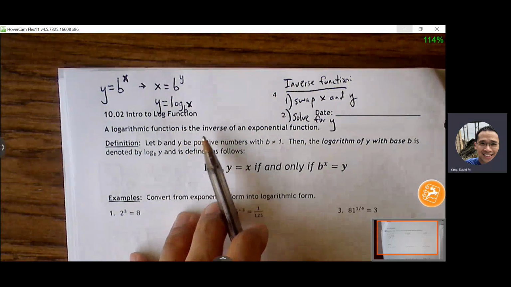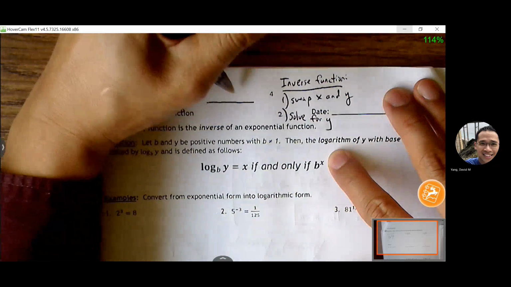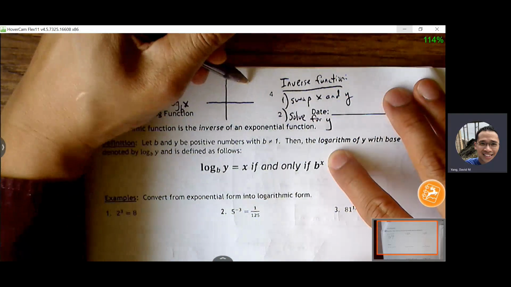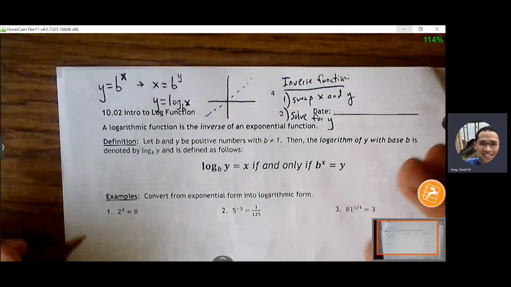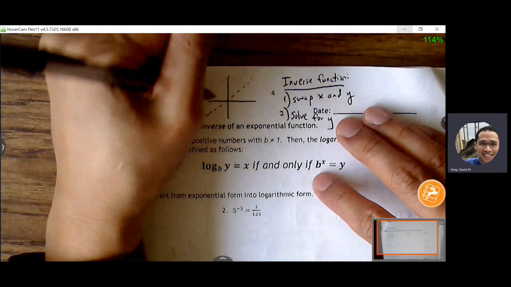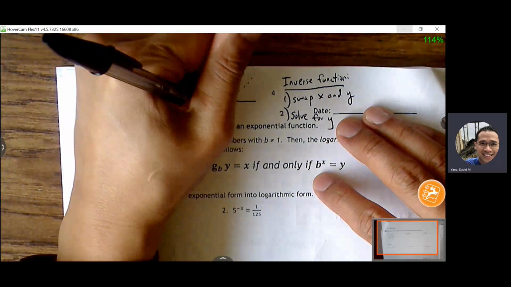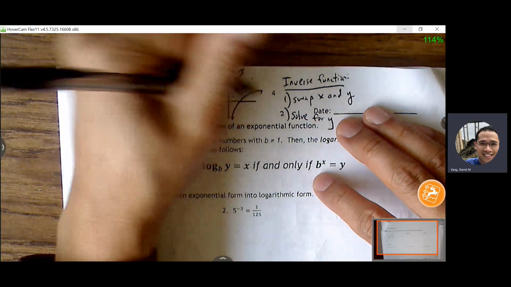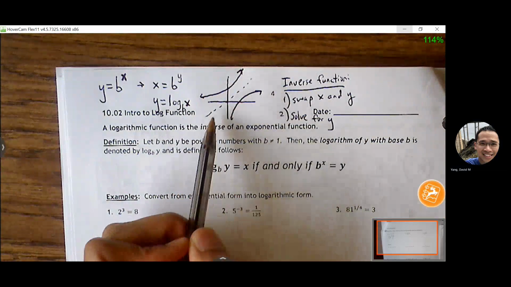Okay, so a log function is the inverse of an exponential function. Also, visually, an inverse function is going to have this property. It's going to feel as if you can fold the graph over itself. So an exponential function looks like this, and a log function is going to look like this. They're always going to have this folded-over relationship.